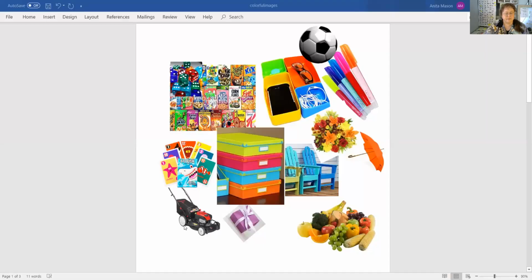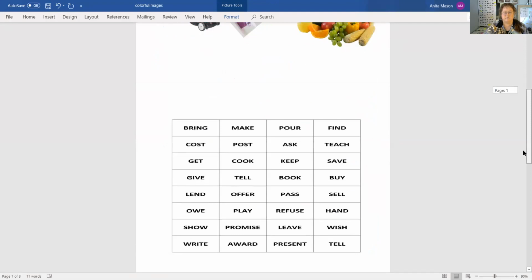Okay, so let's pull this up again. And let's just do the, let's do the cell phone, okay? So we're gonna make a sentence with the cell phone and our verb, let's do lend.